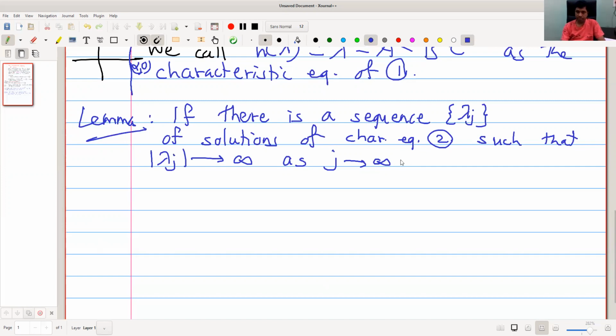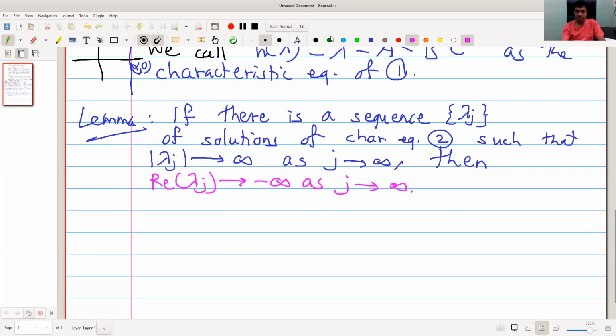Then the real part of lambda j tends to minus infinity as j tends to infinity.